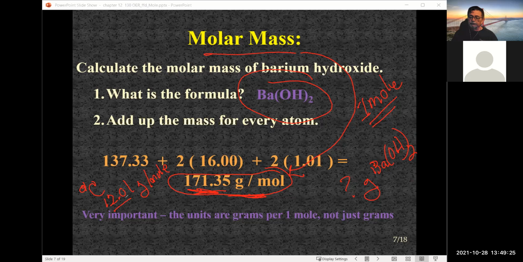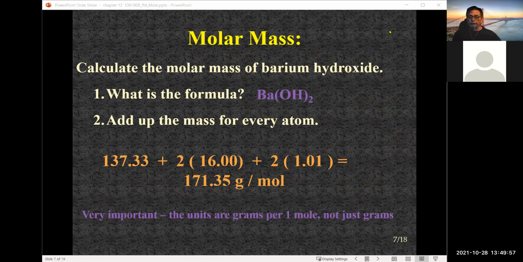Okay, but for barium hydroxide, because it's got more atoms and they're bigger atoms, the total mass is 171.35 grams per mole. This is analogous to maybe the ostrich eggs, the extra large eggs. They weigh bigger. For 1 dozen of those eggs, they're going to weigh more, right? Okay.